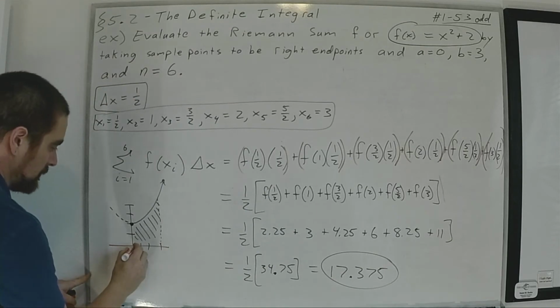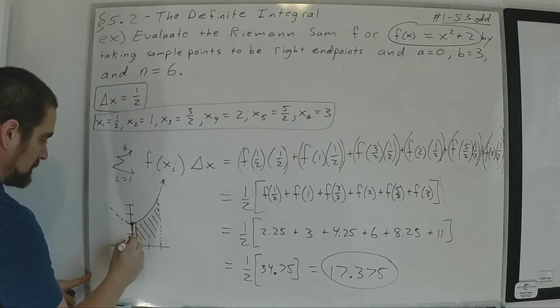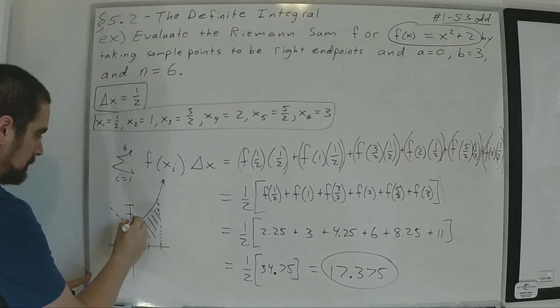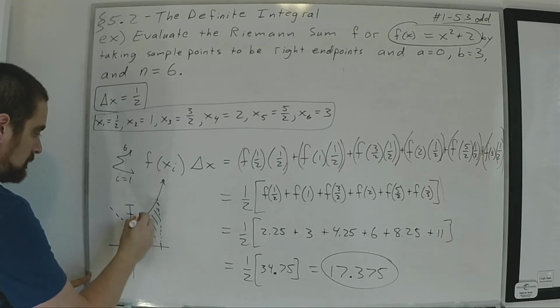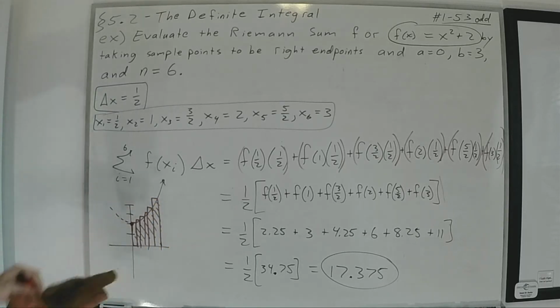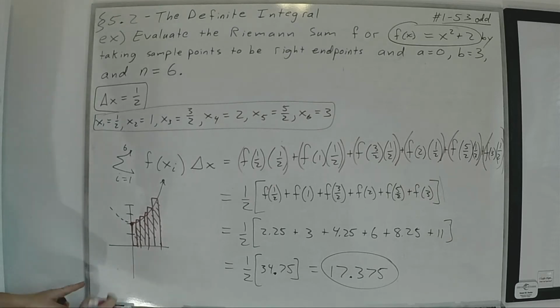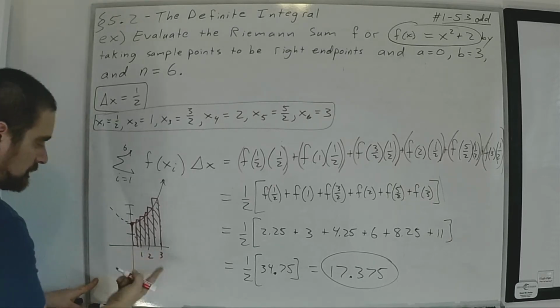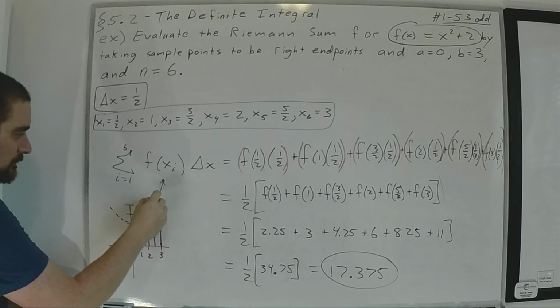But what we were doing is we're breaking up these rectangles. 1, 2, 3, 4, 5, 6. Right, so we've got 6 rectangles on that subinterval from 0 to 3. Notice I was using right endpoints.